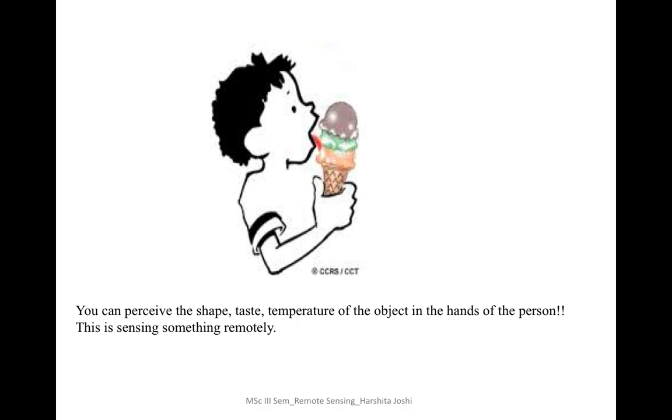So you can perceive the shape, taste, temperature of the object which is in the hands of the person. Obviously, you are interpreting it to be an ice cream now, right? So it depends upon the experience which you have. Similarly, what is done in remote sensing for geological concepts is what we will discuss here, okay? So now you're very clear with what remote sensing is.